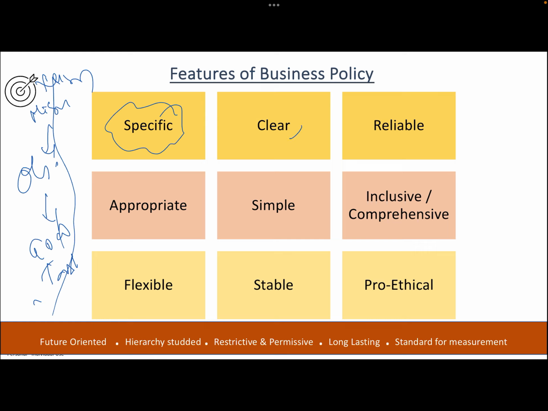And then, a basic characteristic of business policy is clarity. If there is no clarity, then it cannot be called a business policy.